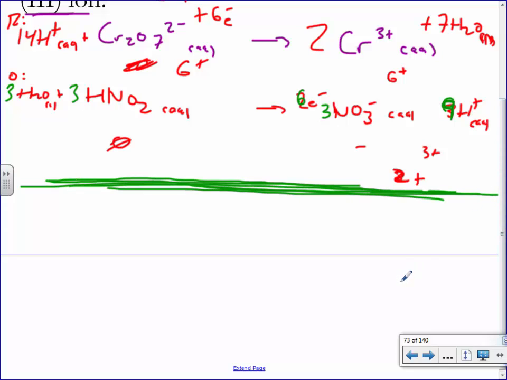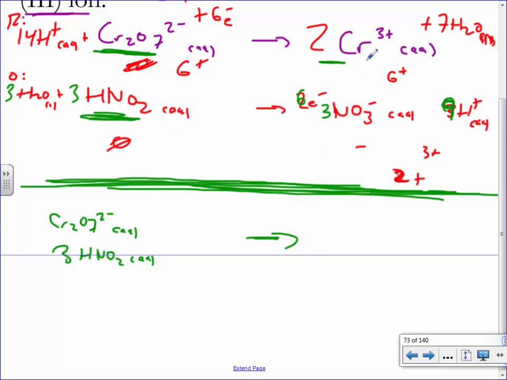Okay, let's start with the stuff that I only have 1 of. There's only a single Cr2O7, so I'll start with that. Cr2O7, 2 negative, aqueous. I need 1 of those. I also need to put down the nitrous acid, so I'm also going to need to have 3 HNO2s. And over here, I'm going to do the 2 Cr3 pluses.